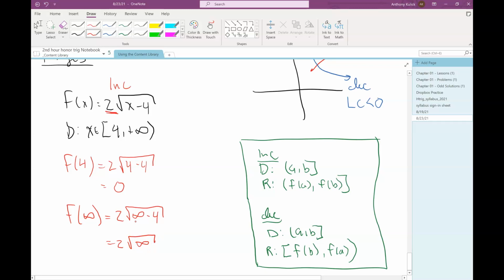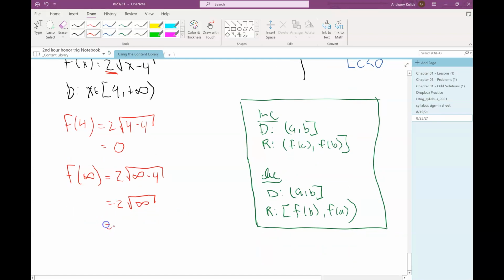Okay. Take the square root of an infinitely sized number. Well, it gets smaller, but does it really get smaller? It's infinitely big. It's still infinity. Right? And I multiply 2 times infinity. Well, it gets bigger or whatever, but it's already infinitely big. It's still just infinity.